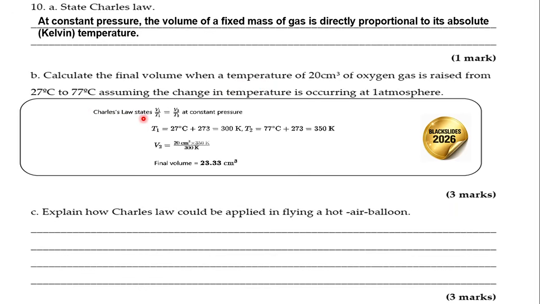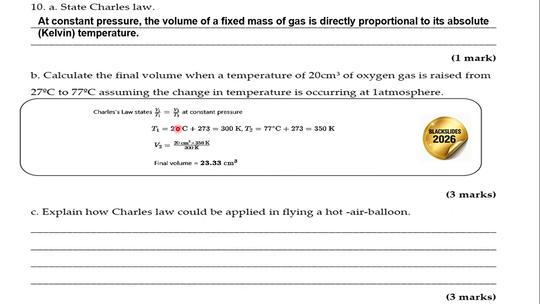Right, so according to Charles' law, the initial volume V1 divided by the initial temperature T1 is equal to the final volume V2 divided by the final temperature T2 at constant pressure. And this is true when the temperatures are in Kelvins. So you change each one of these temperatures into Kelvins.